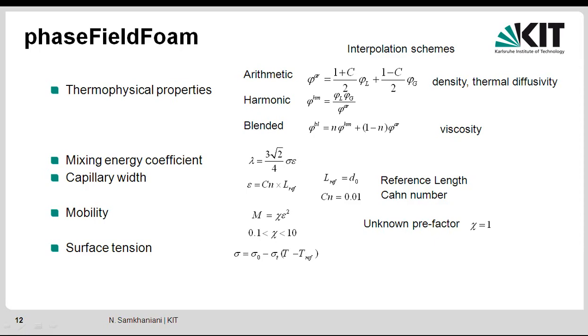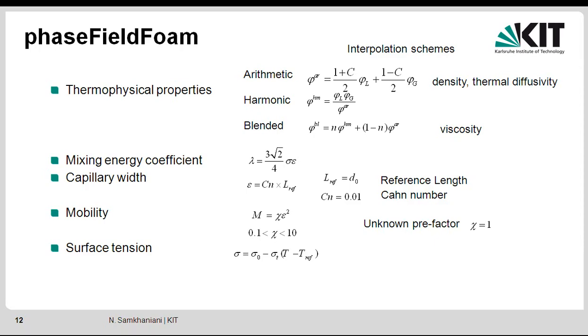Also, to close the equations, we need to consider some data for the capillary width, mobility and mixing energy. Capillary width is calculated from the Cahn number and our reference length. Here in this study, the reference length is the initial diameter of the droplet, and the Cahn number is always considered 0.01, and the mobility is considered as the square of the capillary width.